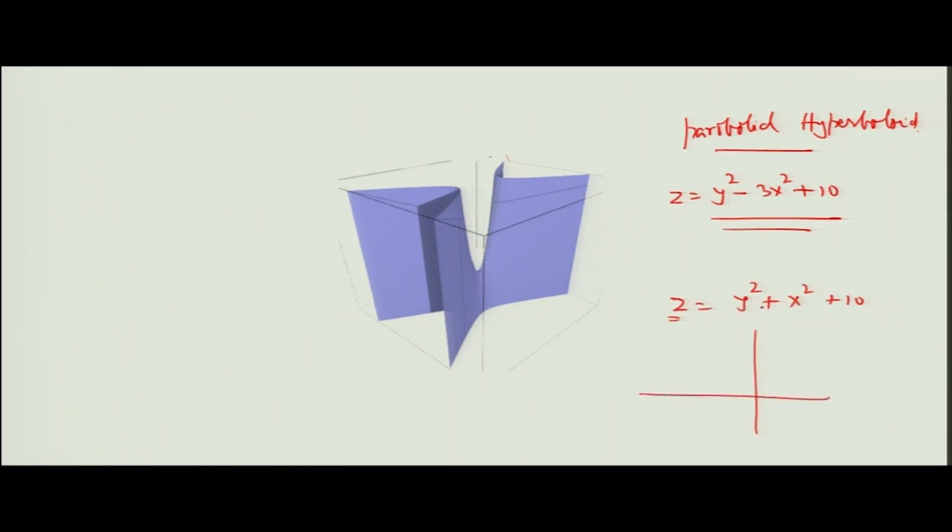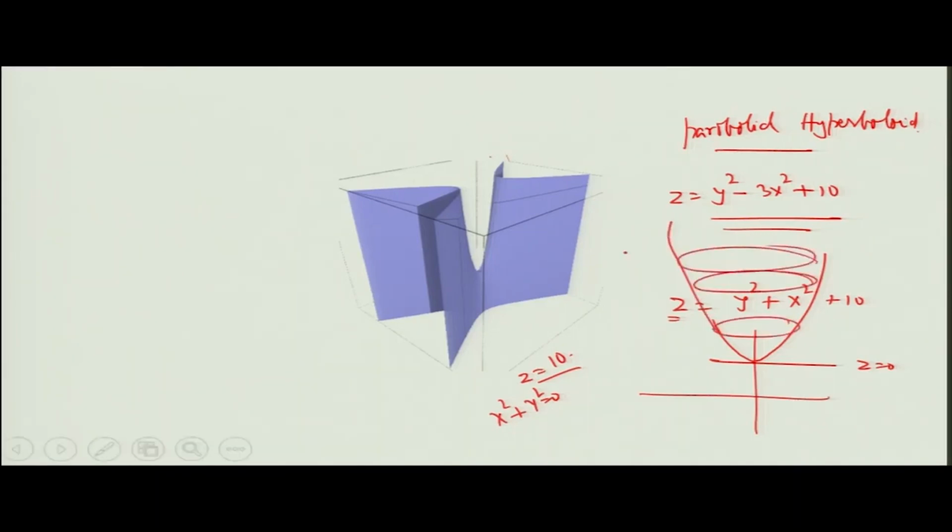And if I take z as 10, then x square plus y square is 0. So, x and y will be 0. At this point, at z equal to 10, it will start and it will go like this, and each of them will be an ellipse that will come into play.